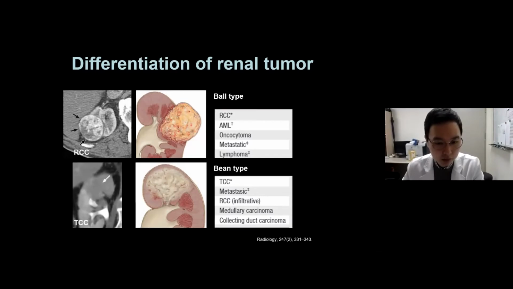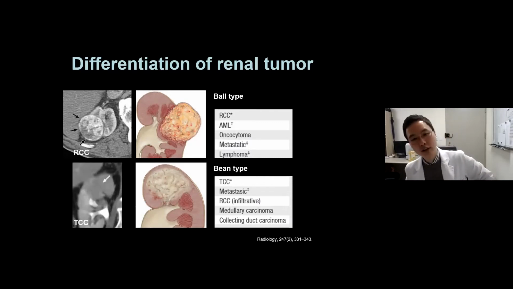Compared to that, bean type lesions do not deform the renal contour, and they are inside the kidney contours and shape. So the shape of the kidney is preserved in these bean-type lesions. When you do a non-contrast CT, it might not be possible to differentiate the tumor lesion from the normal parenchyma.